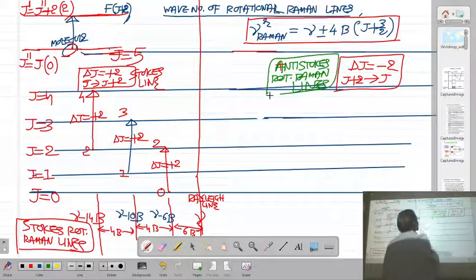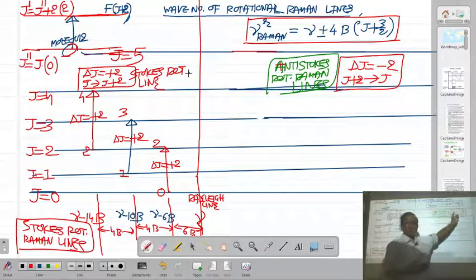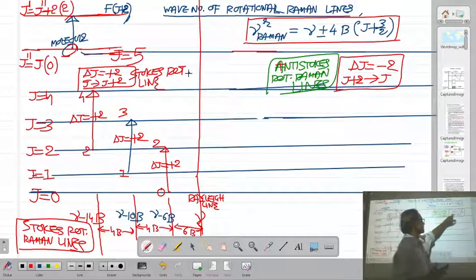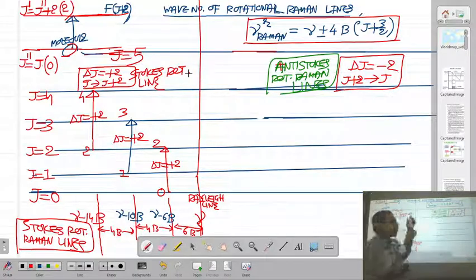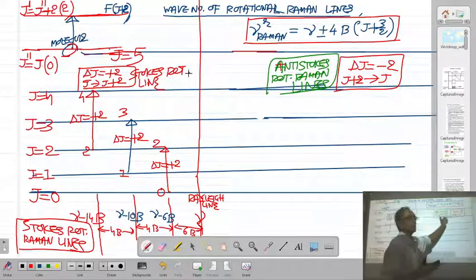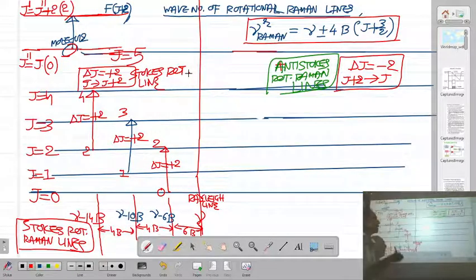Please take care that the Stokes rotational lines are obtained due to the transition from J to J plus 2, from lower level to upper level, and anti-Stokes rotational Raman lines are obtained due to the transition of the molecule from upper level J plus 2 to lower level J, so that delta J is minus 2. So Stokes rotational lines have delta J equal to plus 2, and anti-Stokes lines have delta J equal to minus 2.